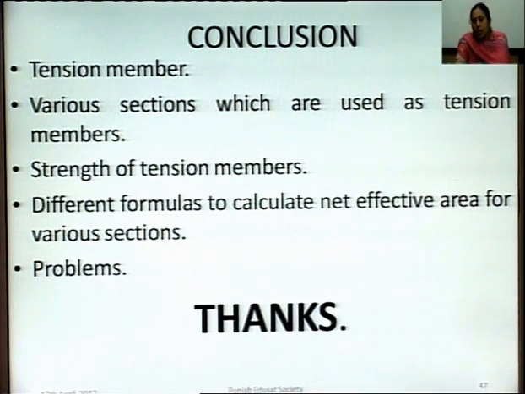So, you must technically know what is the difference. In tension member we always take net area, not gross area, when you have to design the member. But in compression member we always take the gross area directly. So, in this case we calculate the net area, then by increasing it to the gross area we can choose the member from the steel table.